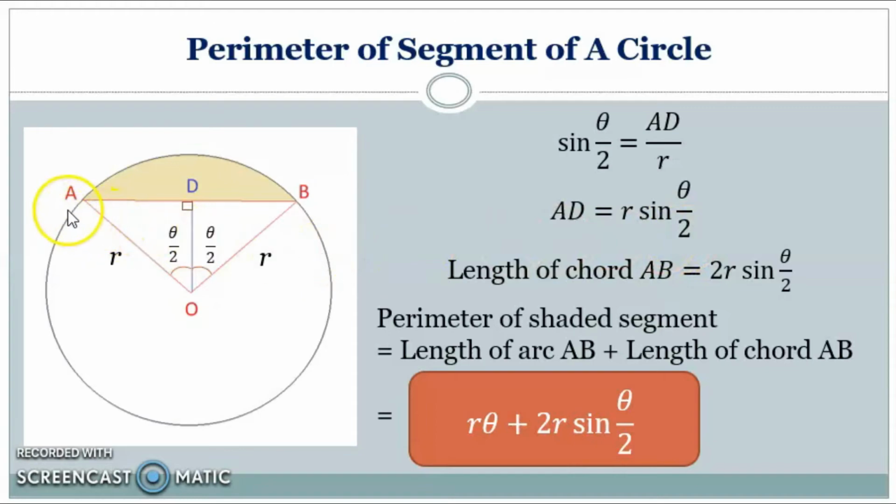Since the length of the chord AB is twice the length of AD, thus, the length of chord AB is equal to 2R sine theta over 2. Subsequently, the perimeter of the shaded segment can be calculated by adding the length of arc AB with the length of chord AB. This gives us R theta plus 2R sine theta over 2.